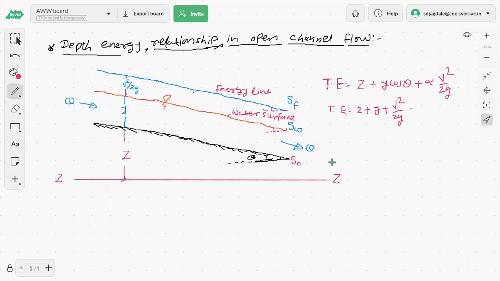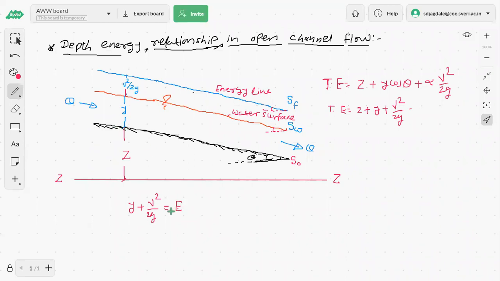That is, you get the summation of y, the flow depth, and the velocity head v square by 2g. Whatever summation we take of the energies associated with this flow with respect to the channel bottom in a vertically upward direction, that is only y and the velocity head, and that summation with respect to the channel bed is called the specific energy.